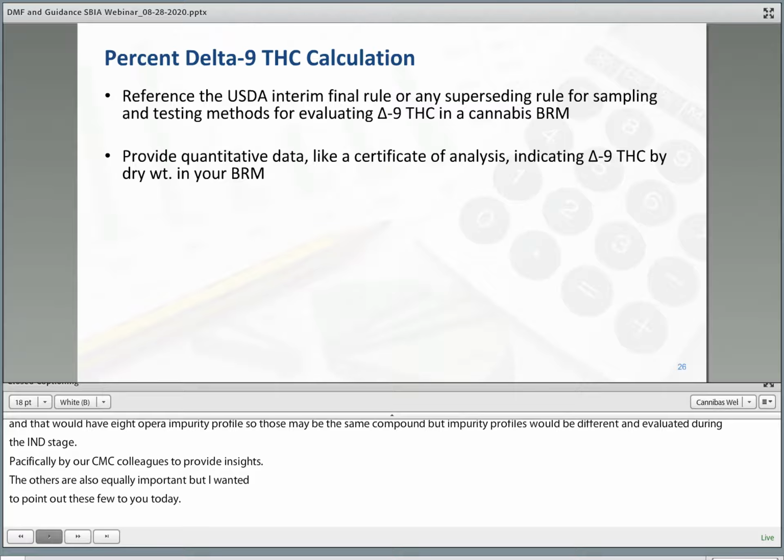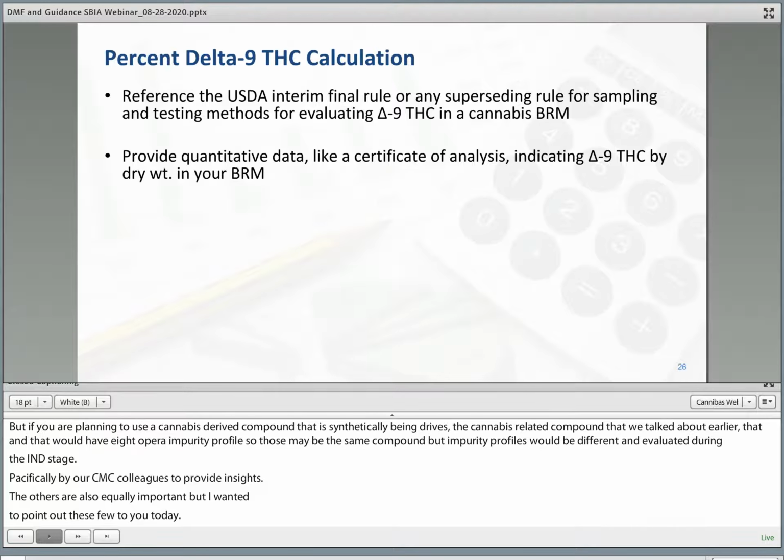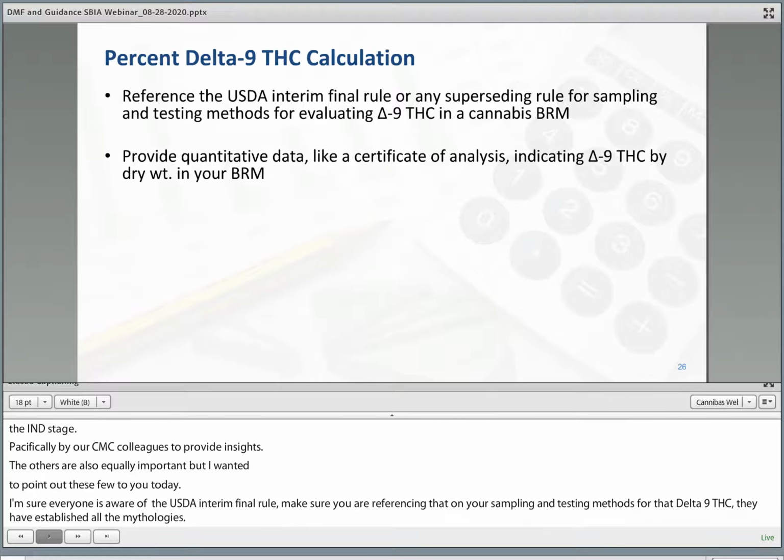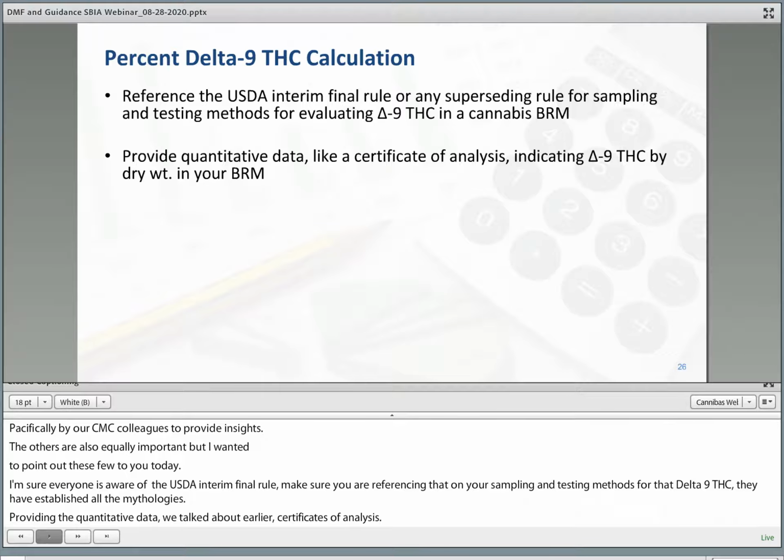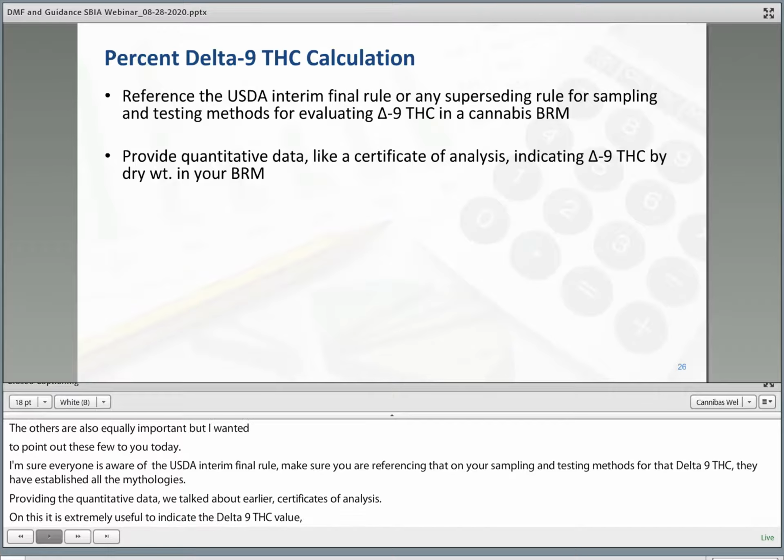Providing that quantitative data we had talked about earlier, certificates of analysis. On your certificate of analysis, it's extremely useful to indicate that delta-9 THC value, whatever it might be, by dry weight in your botanical raw material. And the reason that we ask you to do that is because if you're taking that raw material, once it enters manufacturing, that delta-9 THC value will change up or down.